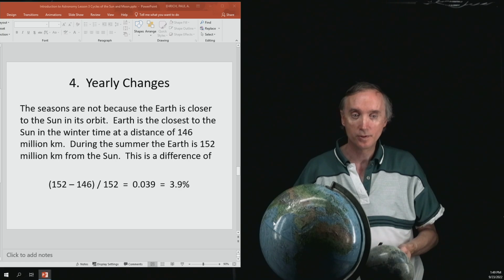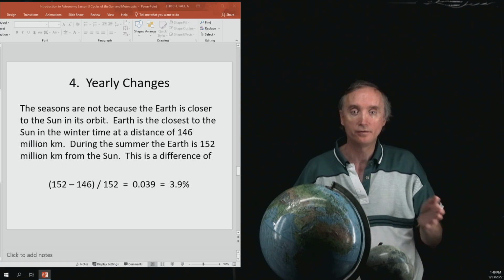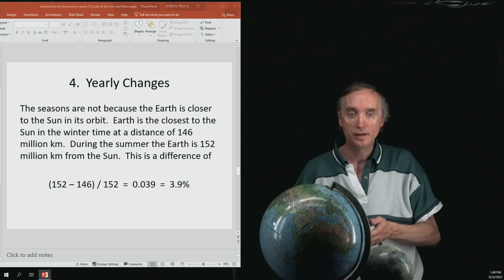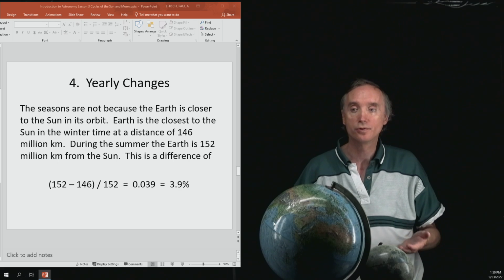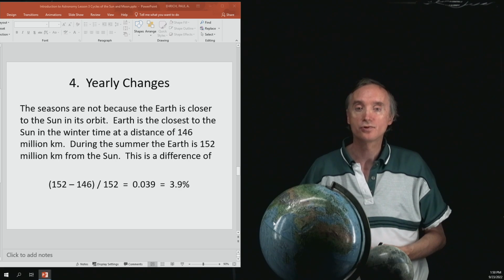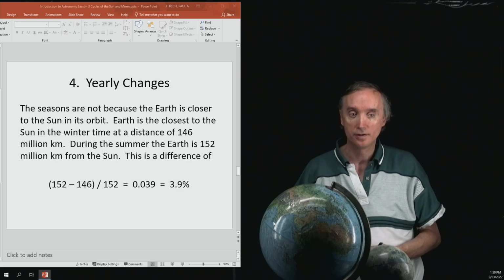The difference between it being close to the sun and far away from the sun is only about 3.9%, and that would not be enough difference in distance to produce any real change in the weather. So it is not because of the change in distance, it is because of the tilt of the Earth.